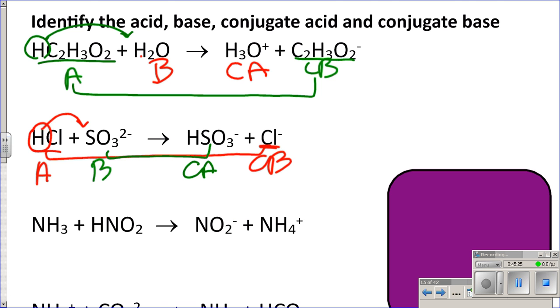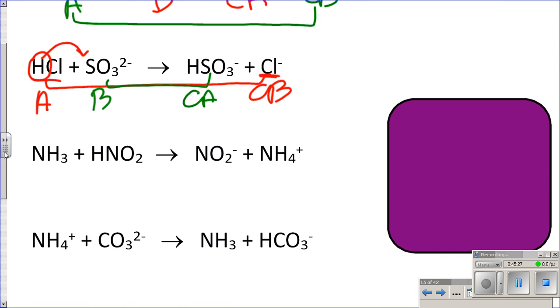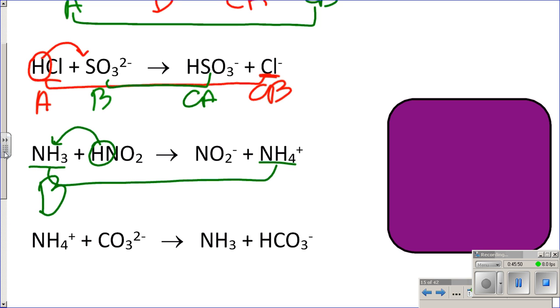Let's do two more. What is this one doing? Look and see the pairings here. What did ammonia become? Ammonium. How did it get from here to here? It accepted this guy's H+. So you're an acceptor. You're the base.